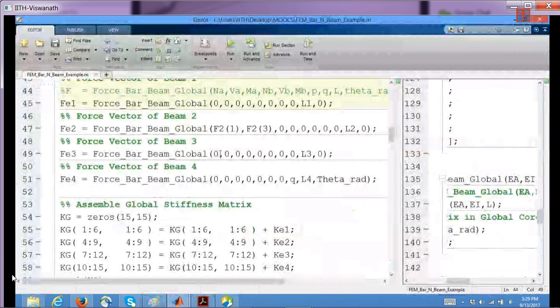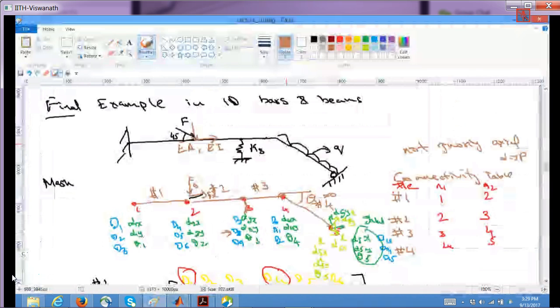Whereas the fourth one has a transverse loading. This load is acting in the transverse direction with a uniform load equal to Q, and that magnitude has been given.